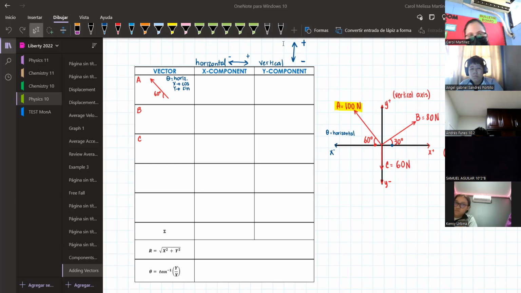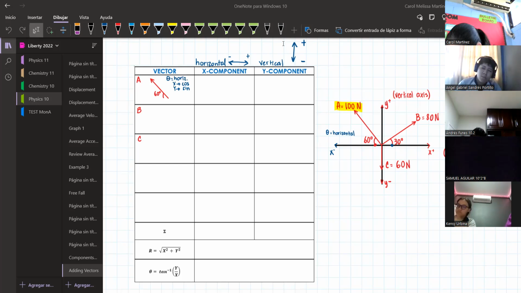Now, I'm going to take my vector and I will draw my components. This vector, where is it going? Right or left? Left.